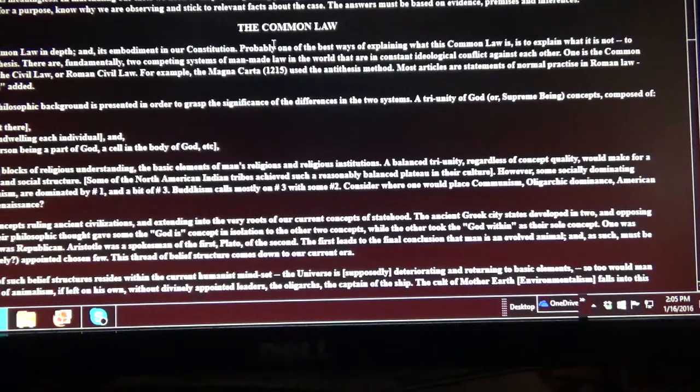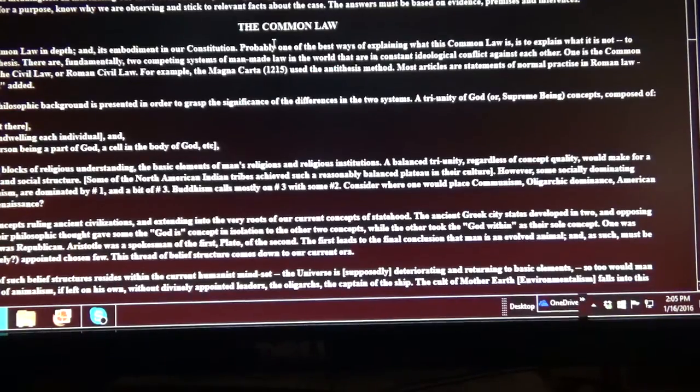In marshalling our facts, we need to keep a few guiding principles in mind so we aren't led astray. We must discount preconceptions, postpone judgments, and we must observe for a purpose, know why we are observing, and stick to relevant facts about the case. The answers must be based on evidence, premises, and inferences.